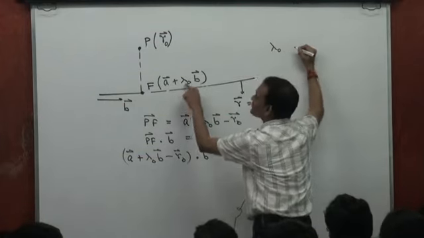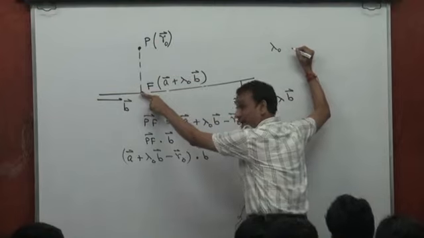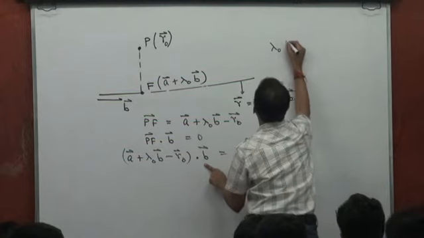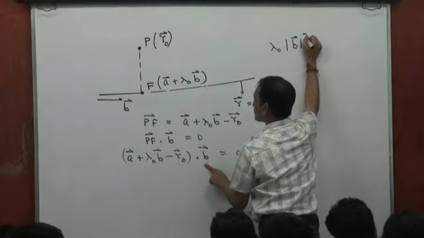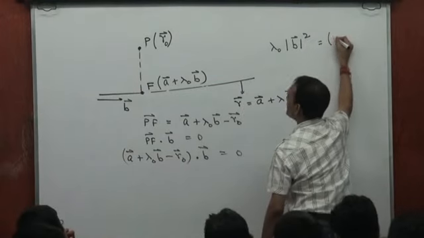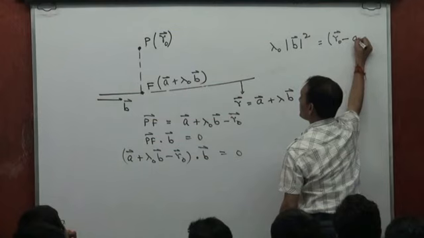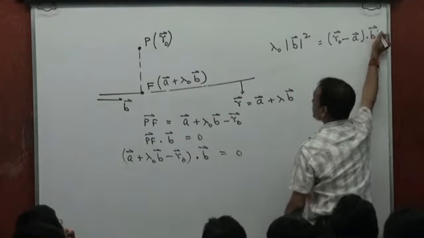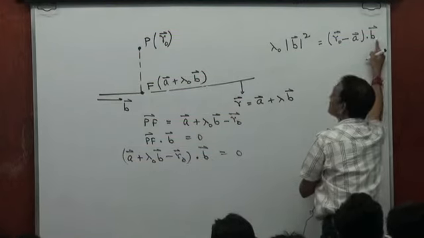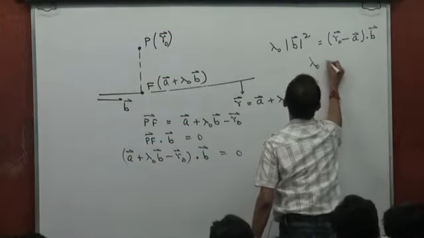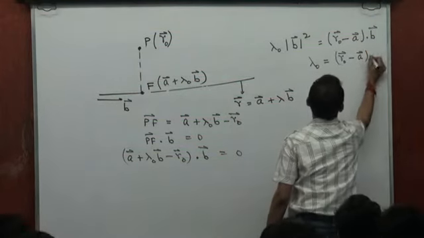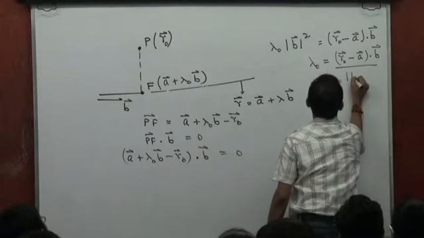We need to find lambda naught, because if I know lambda naught, I know the position vector of F. So lambda naught into B dot B is lambda naught mod B squared. And then A minus R naught dot B goes on the other side, to give me R naught minus A dot B. So then lambda naught is known to me: R naught minus A dot B by mod B squared.